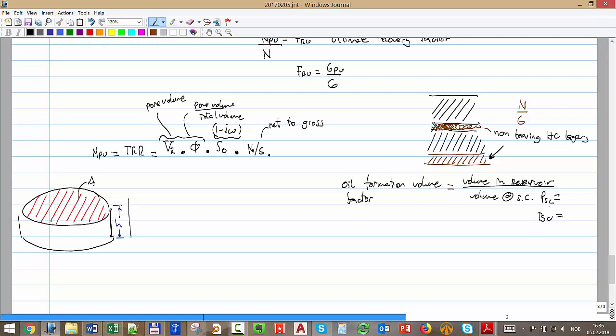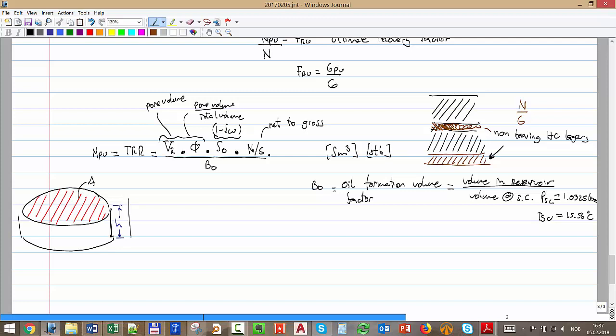What are those numbers? 1 atmosphere, 1.01325 bar, right, and 15.56 Celsius, right? Okay, and that we call BO, and we just divide, right? To get NPU, which should always be in standard cubic meters or in standard barrels.